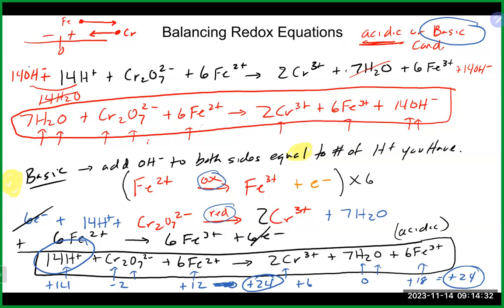Overall charge, this water on the left is 0. That's -2, and that is +12. That's a +10. On the right hand side, that's a +6. That's a +18, and that is a -14 contribution. So that's going to give us a net +10. So we are still balanced.